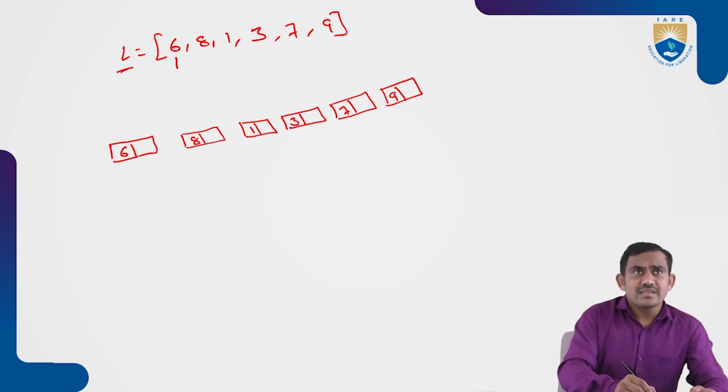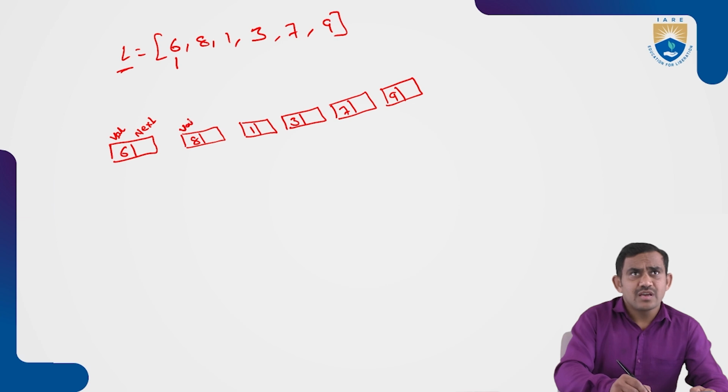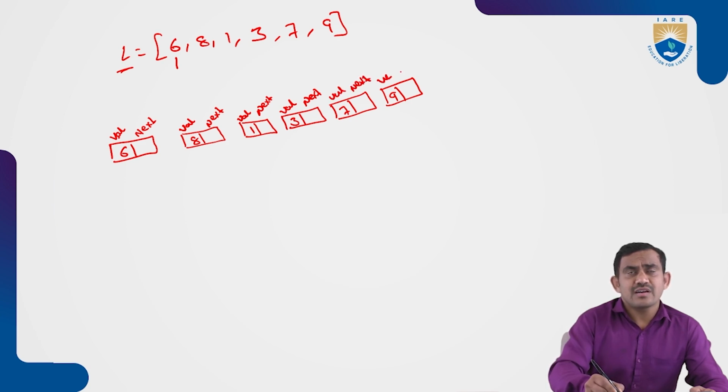Every node has one data and this is the next. Data or value, your wish, depending upon variable names. I want to set the value, and this is the next. Value and next, value and next. These are common for any node.